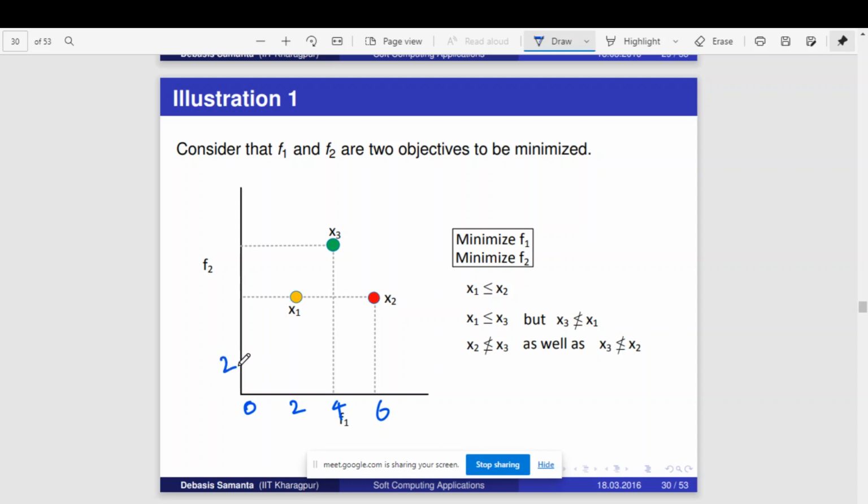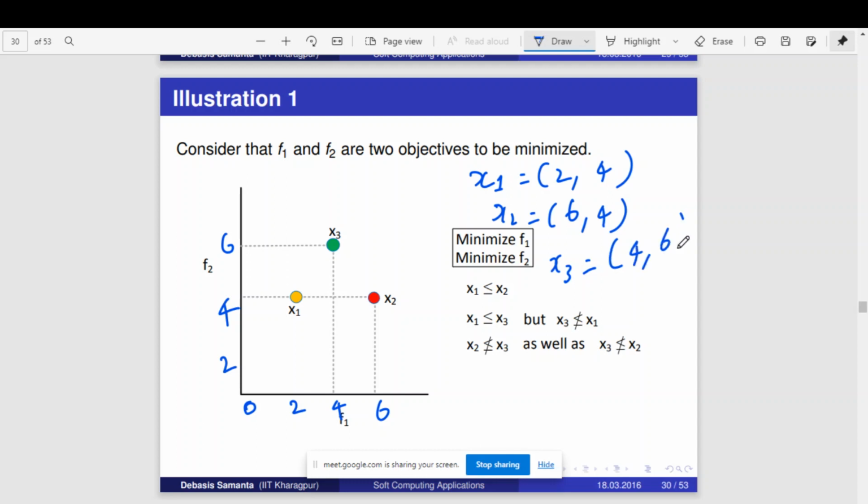This is 0, 2, 4 and 6. So this point x1 represents 2, 4. This point x2 represents 6, 4. The point x3 represents 4, 6.